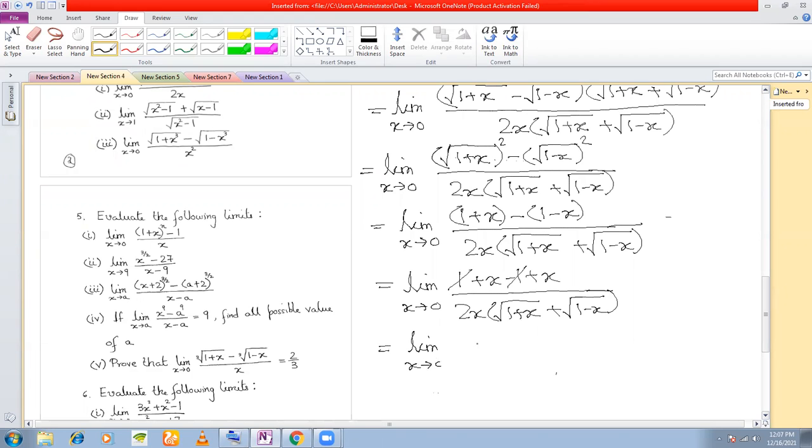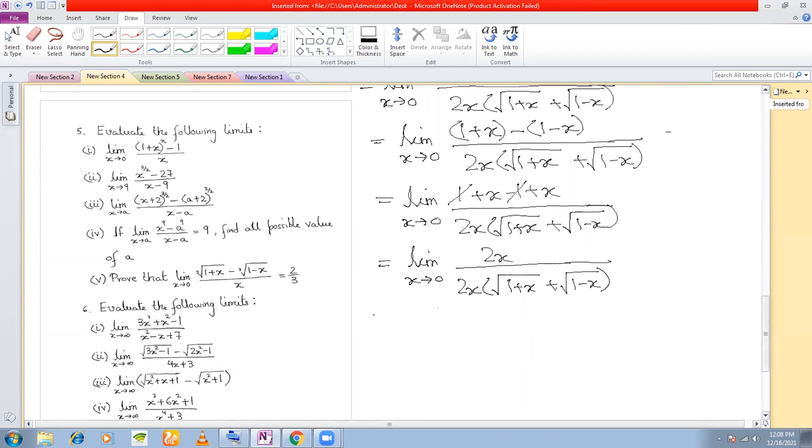So you're only going to get 2x divided by 2x into root 1 plus x plus root 1 minus x. Right? So now if you see here, this 2x and this 2x is going to cancel. So that you're only going to be left with limit x tends to 0, 1 by root 1 plus x plus root 1 minus x.